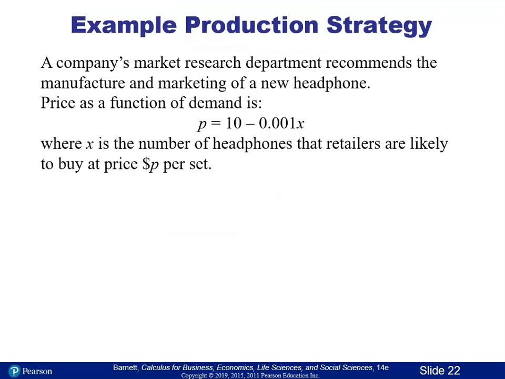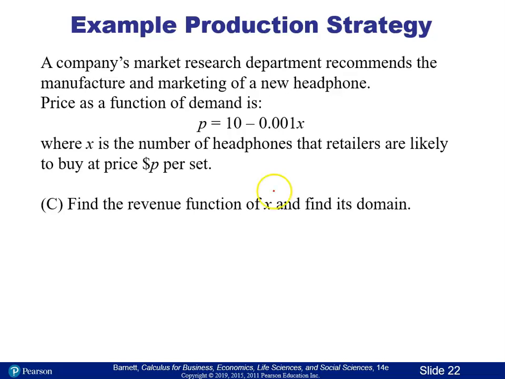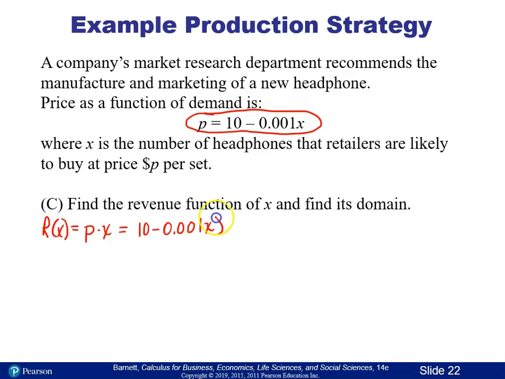Okay, so we want to take all this information that we found and find the revenue function. So if you recall, revenue is the price times the number of items that's being sold. Okay, so we have our price function here. Price is the lowercase p, so that's going to be 10 minus 0.001x.